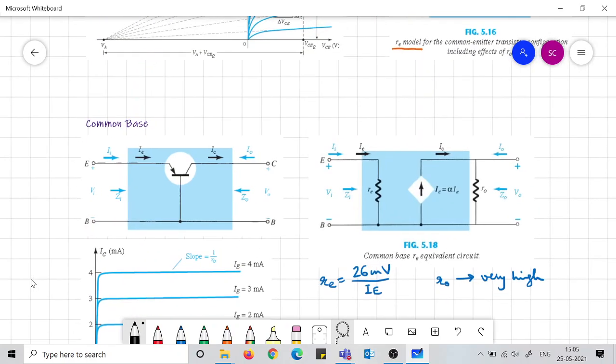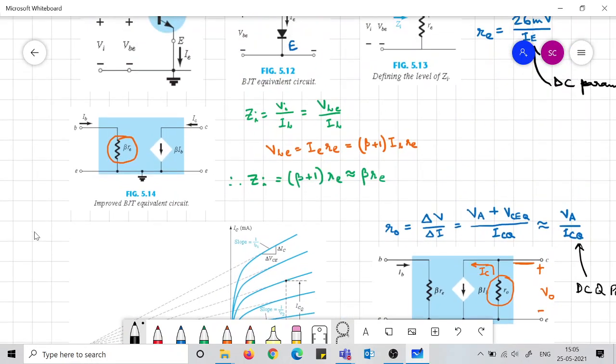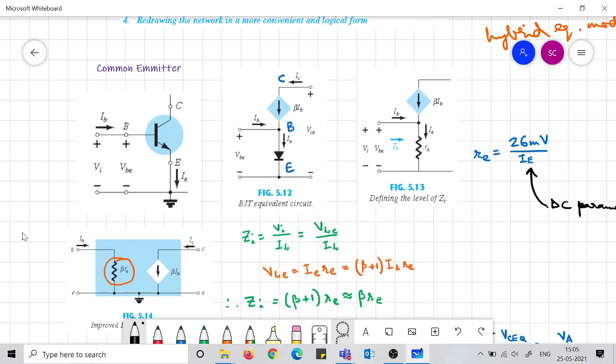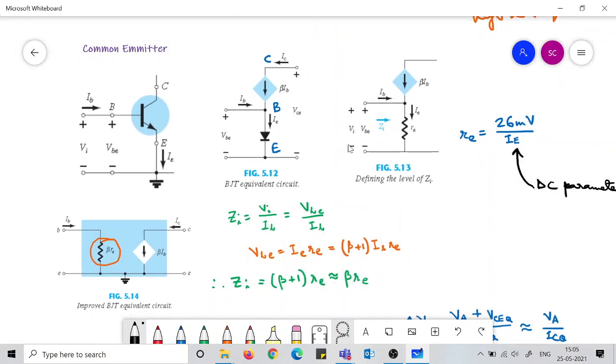So these are the various common emitter and common base connections. In the common emitter, this re resistance is now taken to the input side multiplied by a factor beta. We know this from our previous analysis.